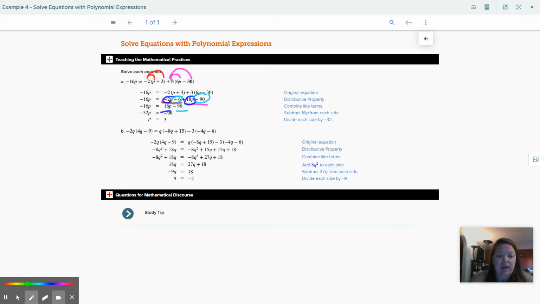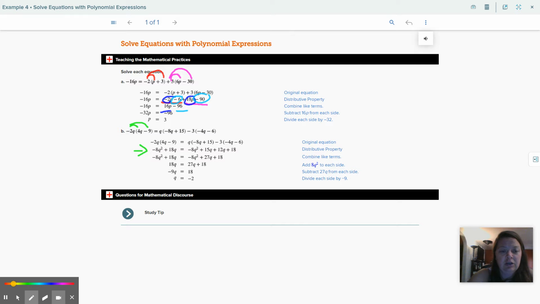So let's start with that negative 2q. We're going to distribute that in with those parentheses there. So negative 2q times 4q and negative 2q times negative 9 gives us negative 8q squared plus 18q. Then we're going to move to the other side of the equal sign and do the same thing.